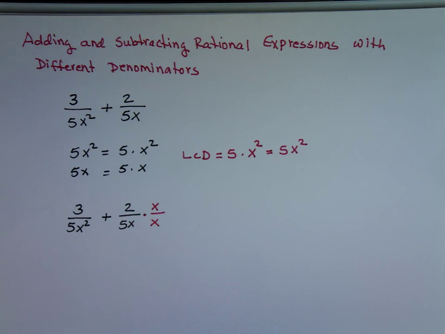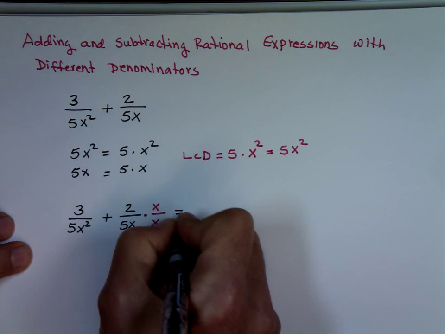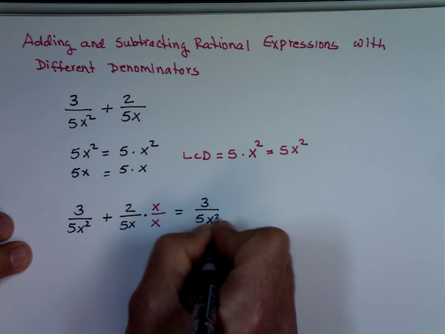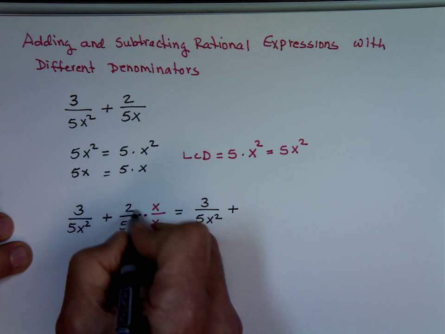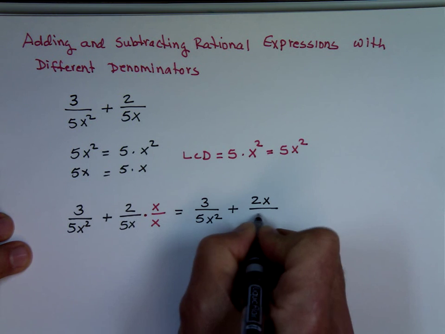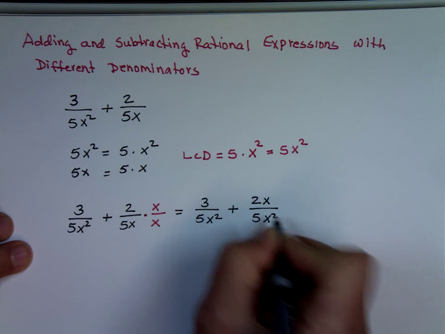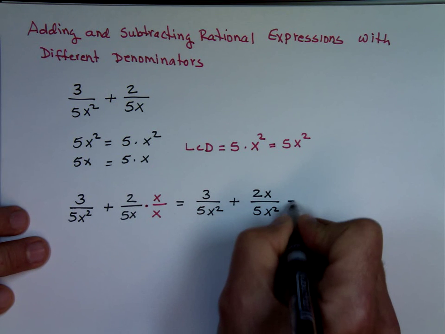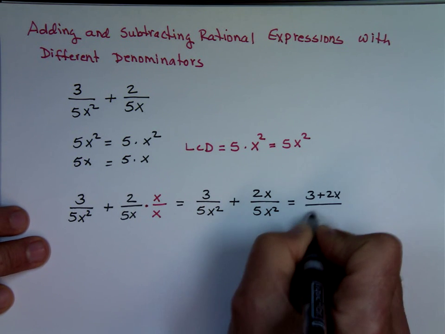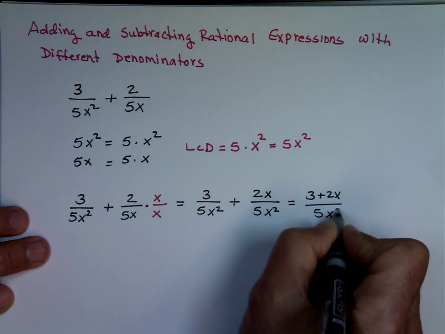So this becomes 3 over 5x squared plus 2 times x, 2x over 5x squared. And since these two are the same, it's 3 plus 2x over 5x squared. And you know by now I like to write them in descending power.